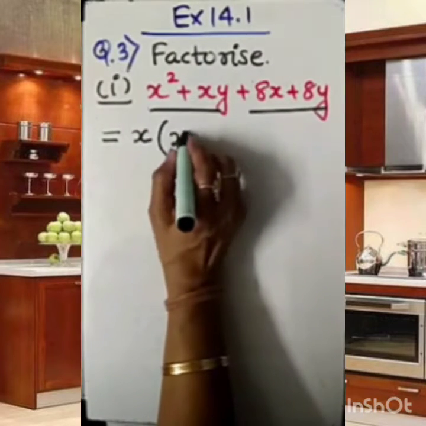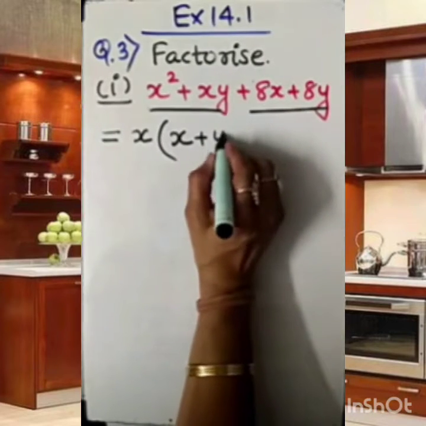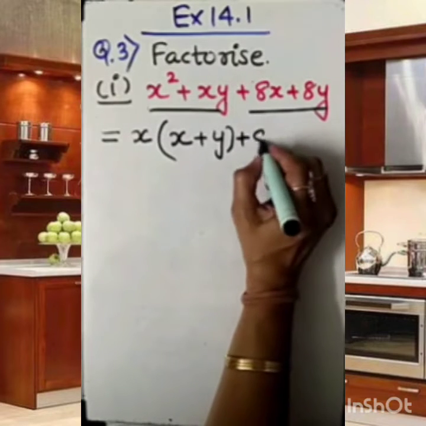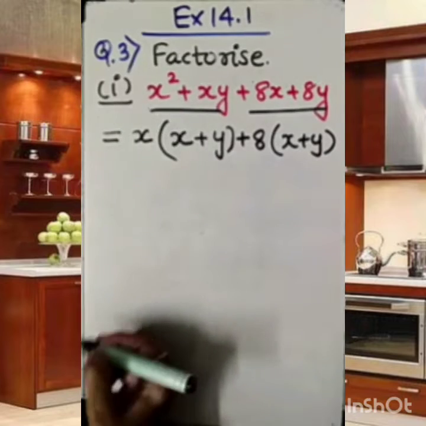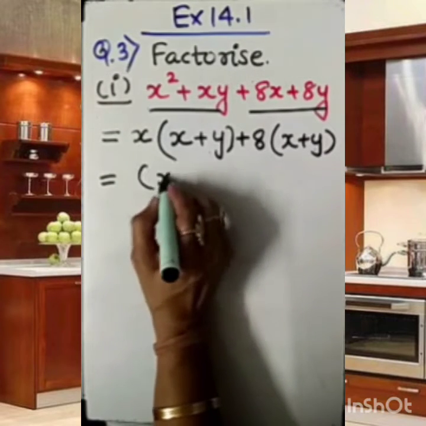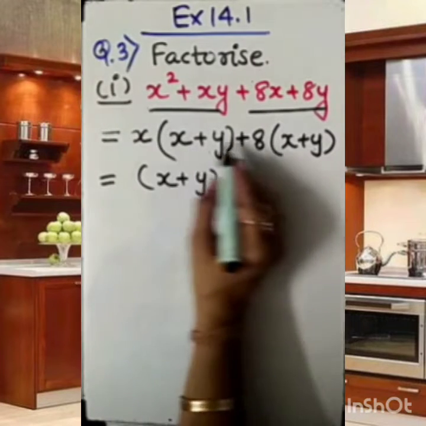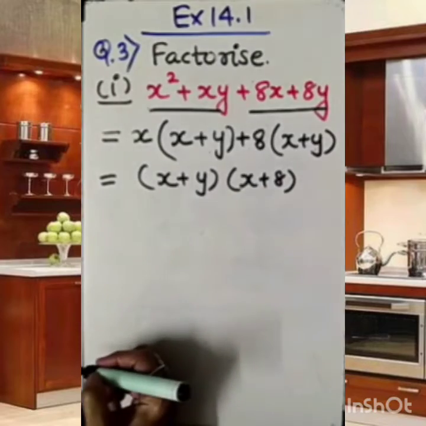So from x square, one x will be left, and here y will be left. From these two terms, 8 will be common, so x plus y will be left. So in the next step, x plus y I am taking out one time, and x plus 8 will be in another bracket.